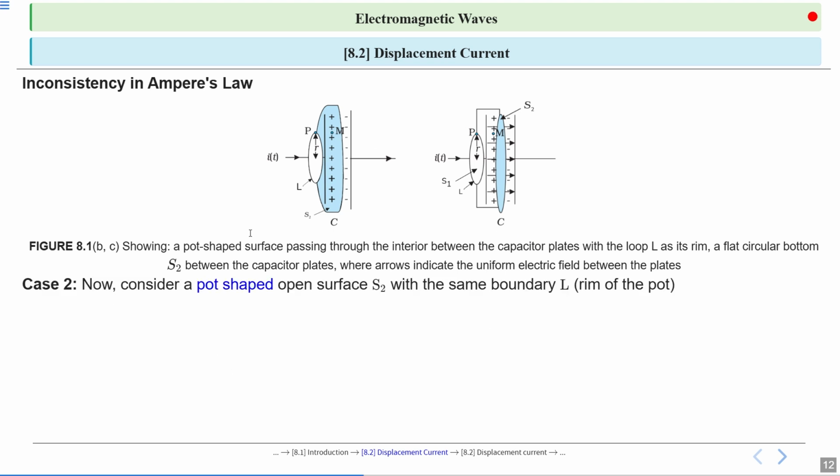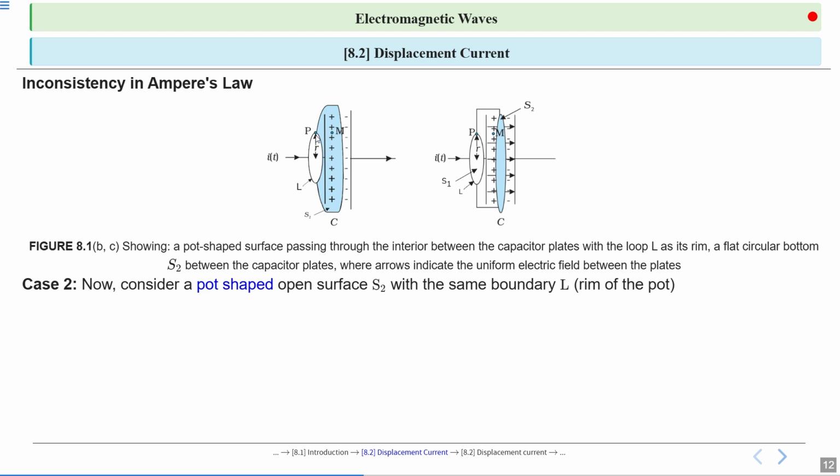Now what is case 2? Case 2 is this. Now consider a pot shaped open surface S2. This S2 is open from one side, with the same boundary L. The boundary we are not changing. In the first case we took this loop and a flat surface enclosed by this loop.